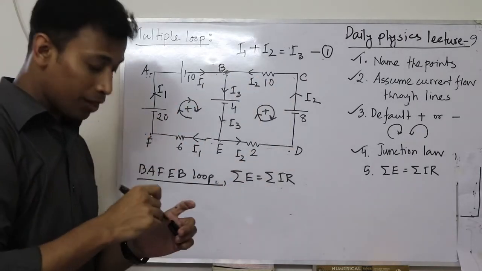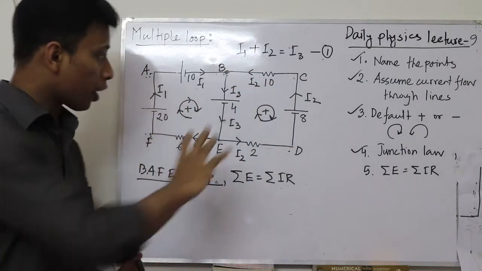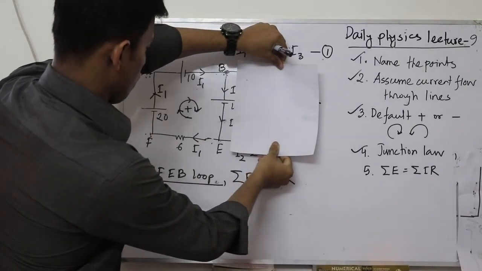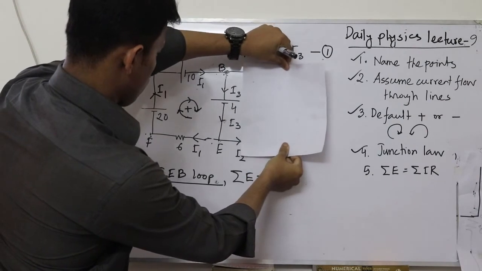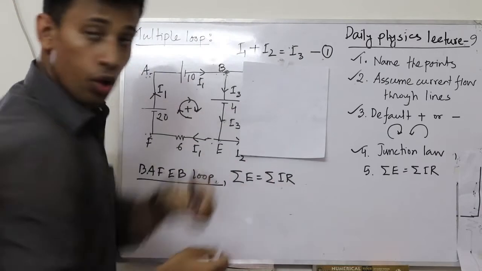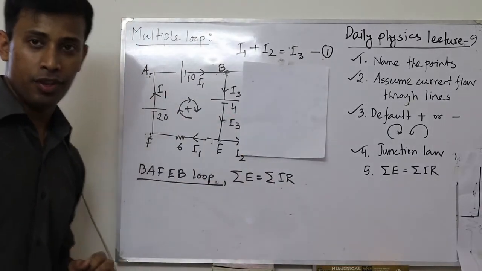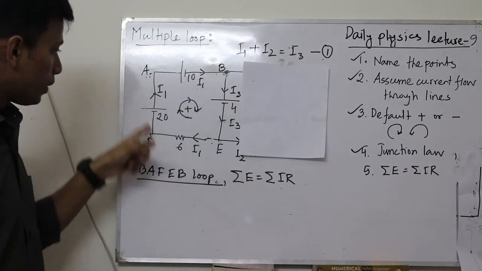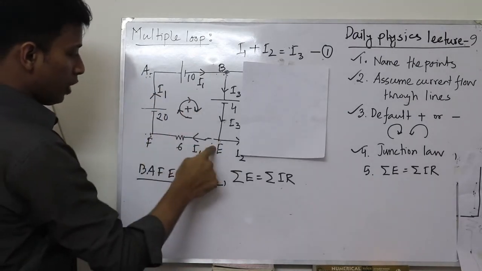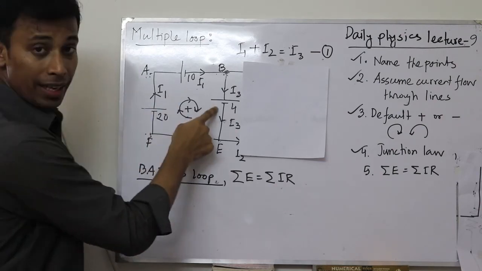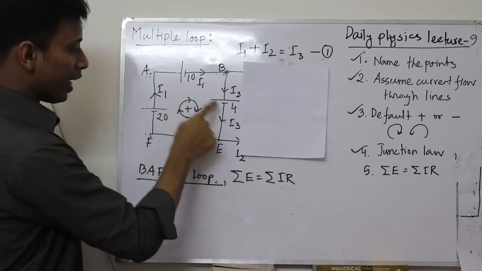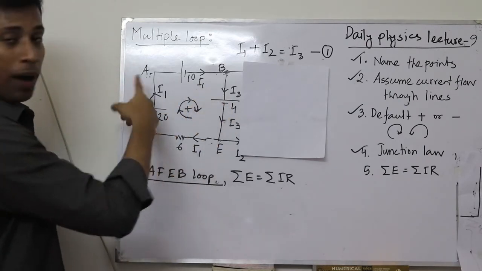I am putting a cover here to make it simpler. I am dealing with this loop. So here, B, A, F, E, we have 1, 2, 3 cells. So we have 3 EMFs: 20, 10, 4. This is part of this loop.